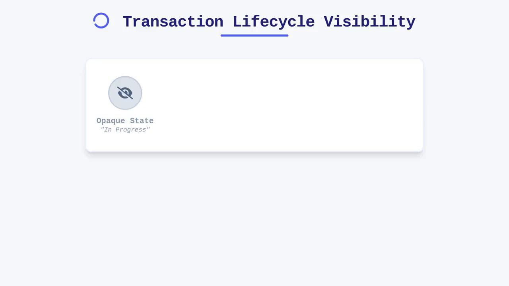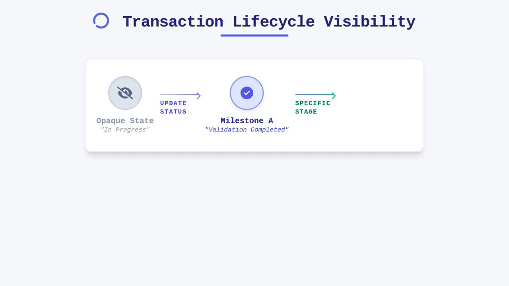Beyond simple ordering, we must maintain visibility into the life cycle of each transaction through status tracking. The update status action is not merely a logging convenience, it is a critical instrument for providing business stakeholders with a transparent view of the work being performed. By updating the item status string at distinct milestones throughout your subpages, you transition from opaque in progress states to descriptive stages like validation completed or pending external appraisal.